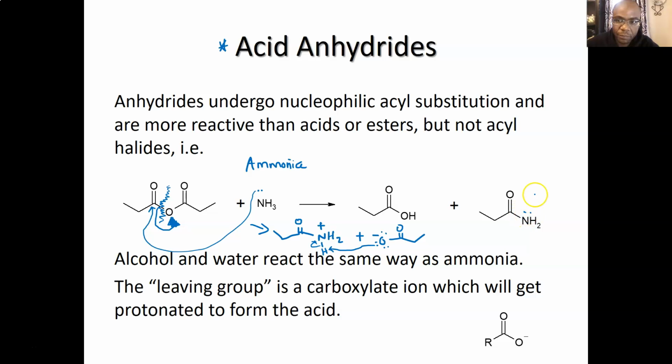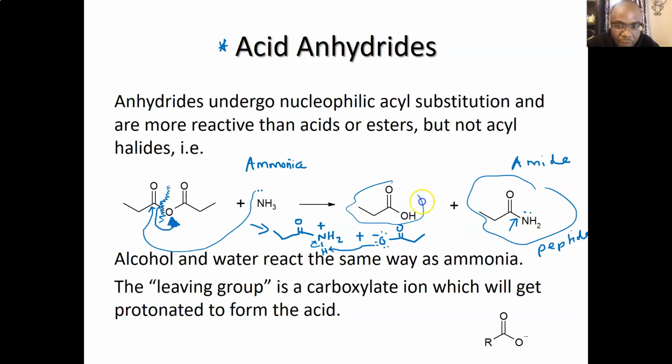You're gonna get a lone pair there. You end up with what's called an amide. And like I told you, amides have amide bonds, and that's what you see in peptides or proteins or DNA. Okay, so as this accepts the proton, it's gonna give you a carboxylic acid.